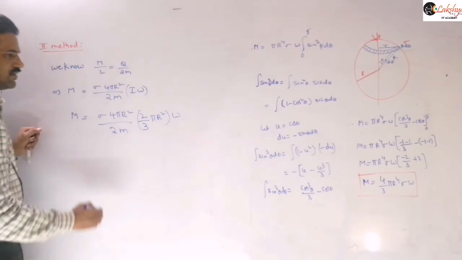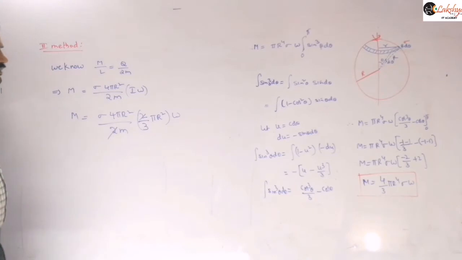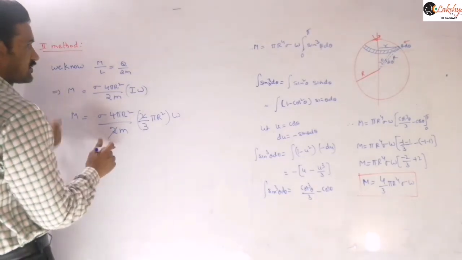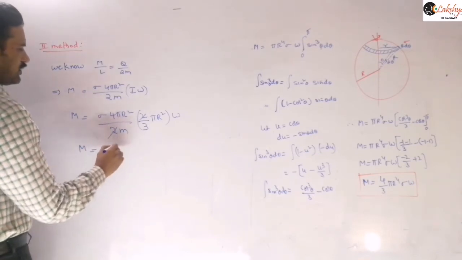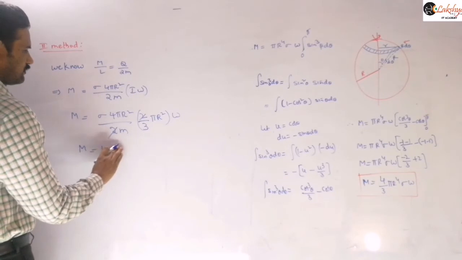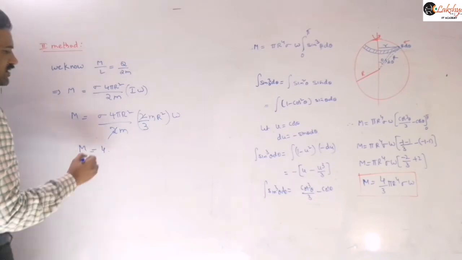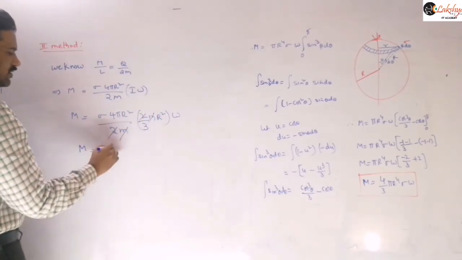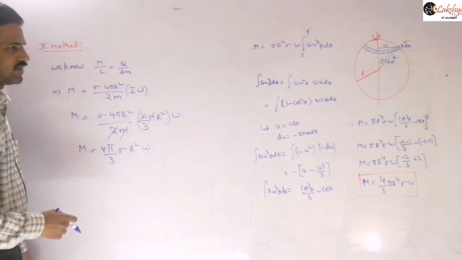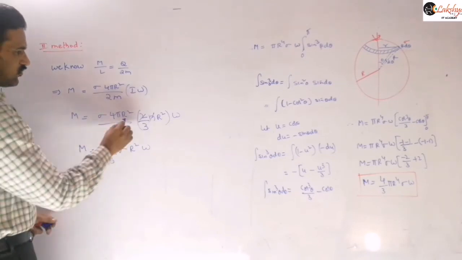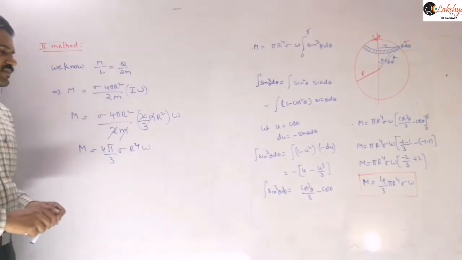So then this m will be cancelled, and you will get 4 pi by 3 sigma into r square omega, into another r square, which is r power 4. That is nothing but the expression which we derived by the previous method.